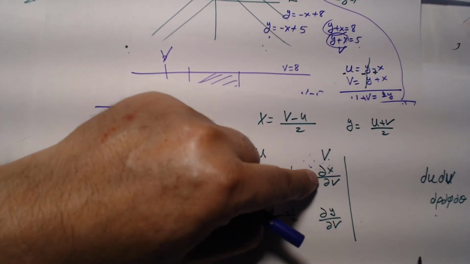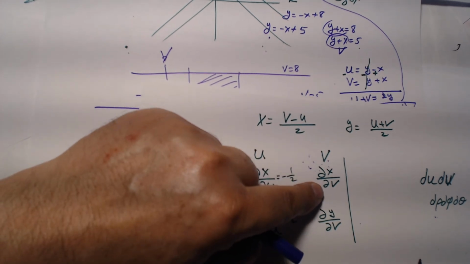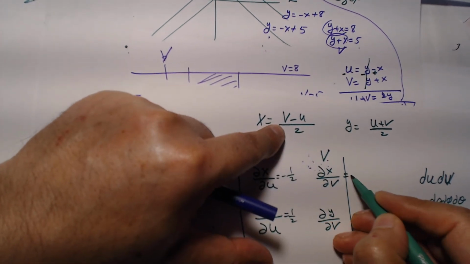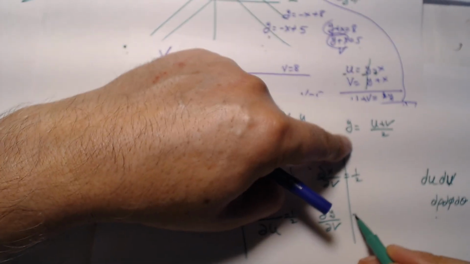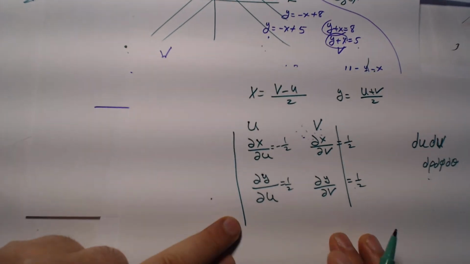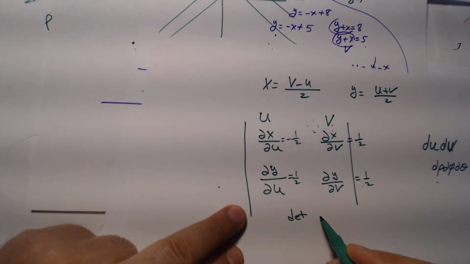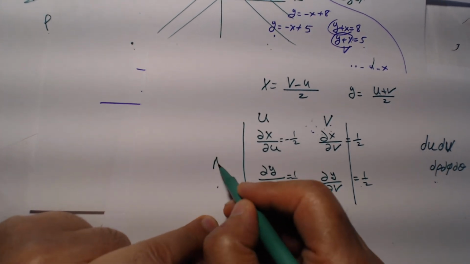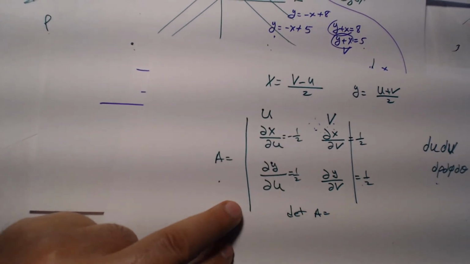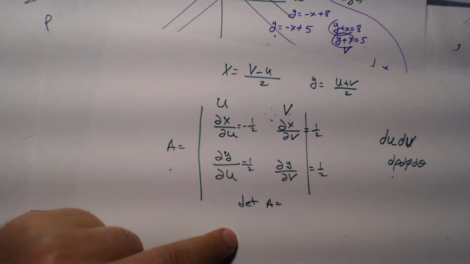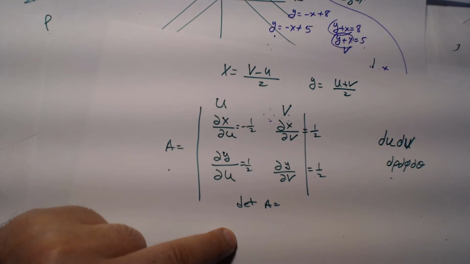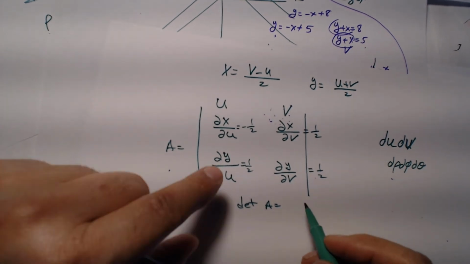What is the partial derivative of x with respect to v? 1/2. And what is the partial derivative of y with respect to v? 1/2. What is the determinant of that matrix, if I call it matrix A? That's the factor. That comes in place of r, that comes in place of rho squared sine of phi.